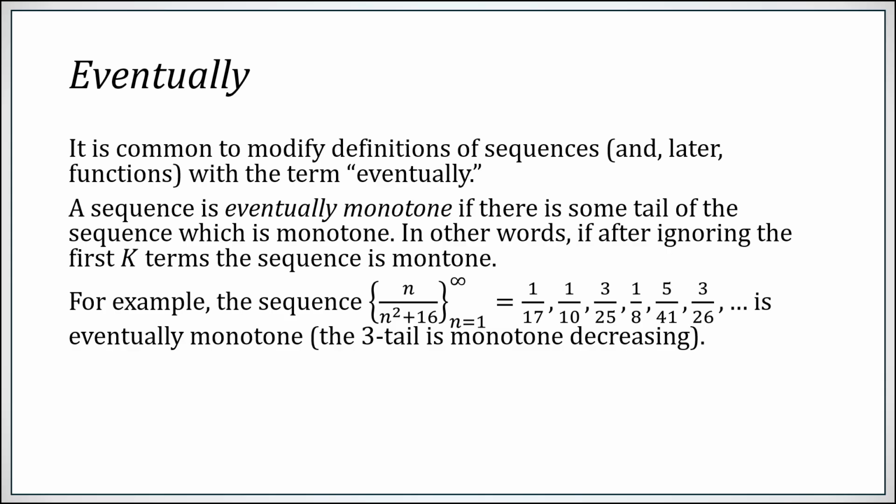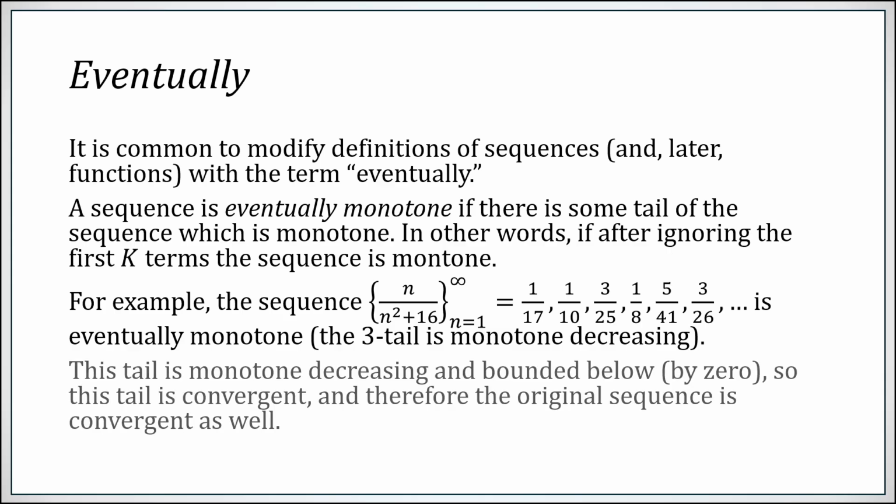So we would call this eventually decreasing. The tail is monotone decreasing and bounded below by 0, so the tail converges. Ignoring the first three terms, we are eventually decreasing. I have a tail that's decreasing. Every term here is definitely bigger than or equal to 0, so it's bounded below. The tail converges, and as just established, if some tail converges, the original sequence does as well.